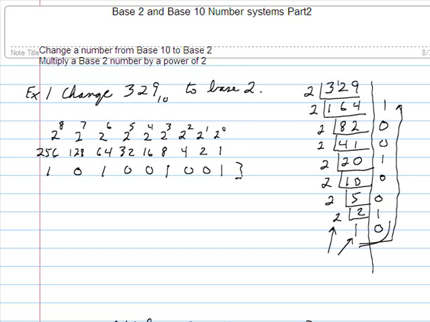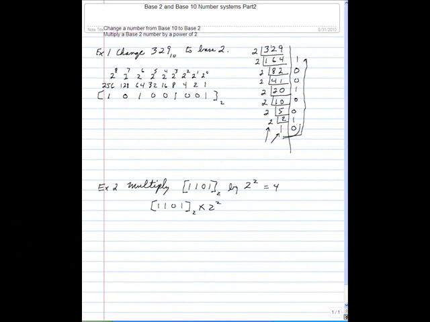Now, just to remind you of how we evaluate these things, each of these numbers is multiplied by a power of 2. 2 to the 0, 2 to the 1, 2 to the 2, 2 to the 3, etc. 2 to the 0 is just 1, 2 to the 1 is 2, 2 to the 2 is 4, 8, 16, 32. Each time we're multiplying by 2, so 32 goes to 64, to 128, to 256.